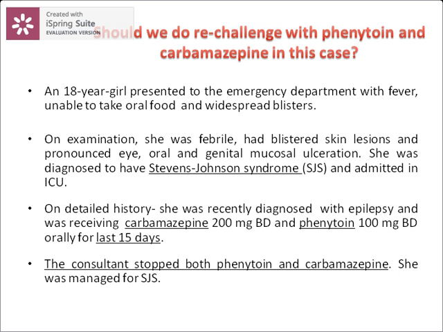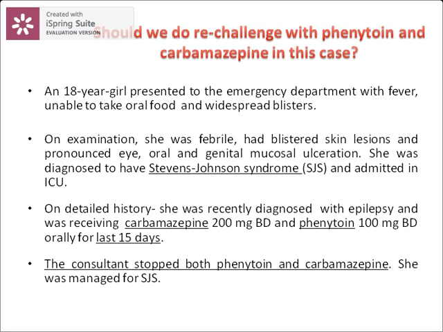We previously discussed a case of Stevens-Johnson syndrome because of carbamazepine and phenytoin, and we stopped both phenytoin and carbamazepine. Now, should we do re-challenge with phenytoin and carbamazepine to identify whether the reaction is caused by carbamazepine or phenytoin? That depends on the severity of the lesion. Here, Stevens-Johnson syndrome is a serious cutaneous reaction.